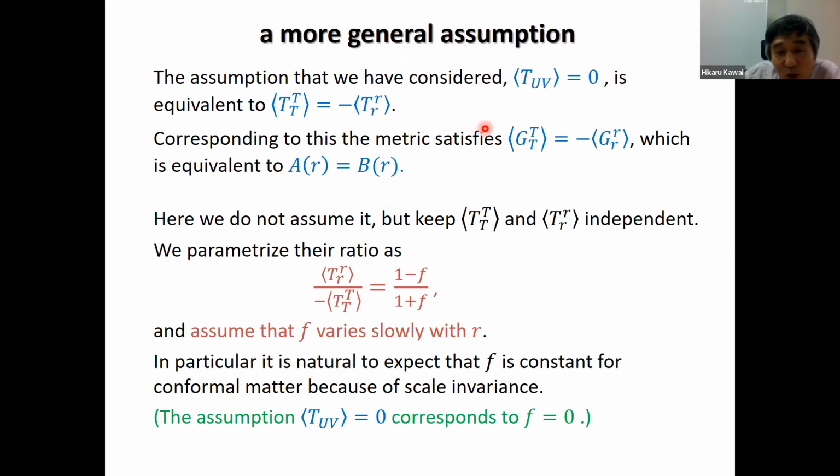But as we have seen, we can expect that these two are comparable. So we parameterize their ratio like this: T_RR divided by minus T_TT is some constant F. And we assume that this F varies slowly with R. In particular, it is natural to expect that F is a constant for conformal matter because of scale invariance.